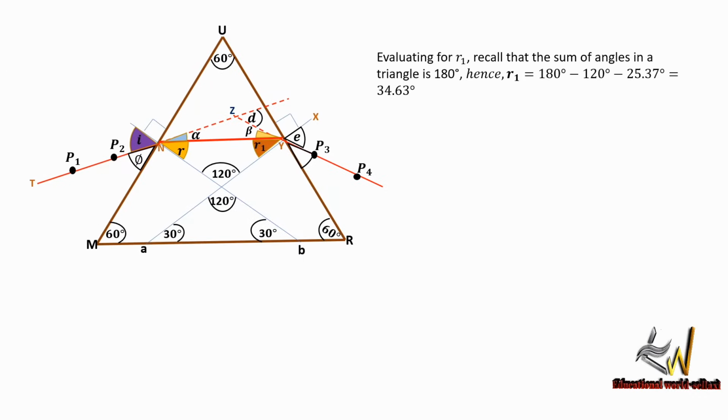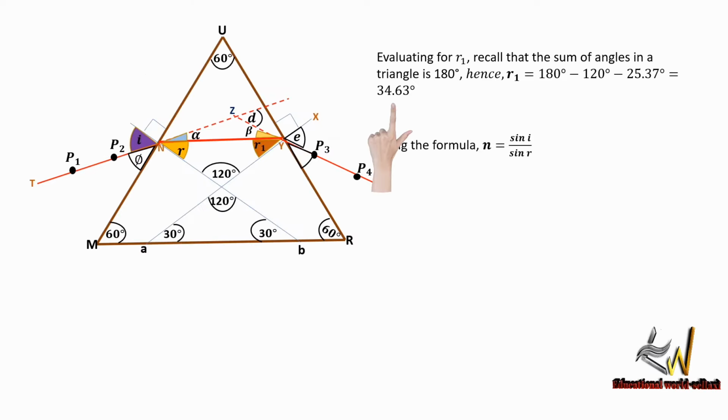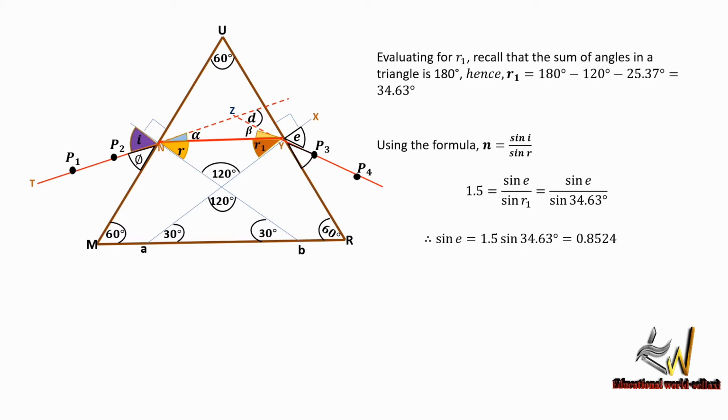So here now, evaluating for R1, considering the angles in the triangle, R1 will be equal to 180 minus 120 minus 25.37 degrees, which leaves us with the value of 34.63 degrees. And using our formula, n is equal to sine I over sine R, we now have that 1.5 is equal to sine E over sine 34.63 degrees.